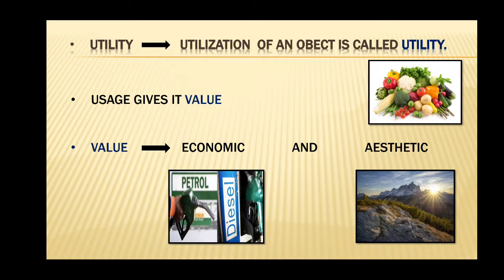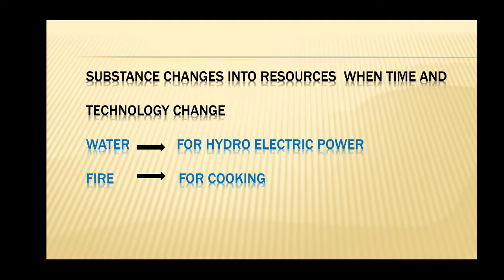Now come to the next heading. Substances change into resources when time and technology change. Suppose an object is changing its texture into another one with the help of time and technology. For example, water.